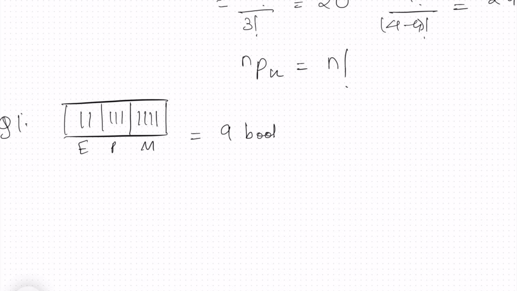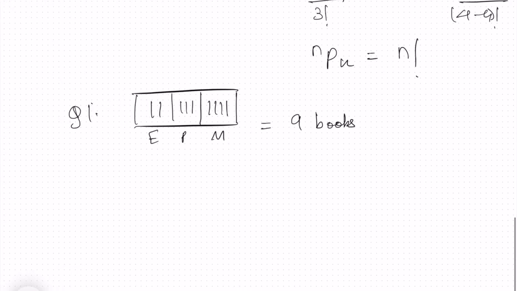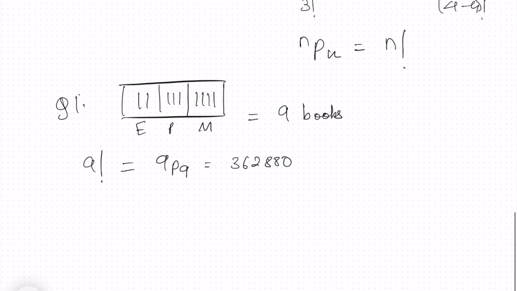This is 9 books, and if we have to arrange 9 books in 9 places, the total number of ways to do that is 9 factorial, or 9P9. So that is equal to 5040 into 8 into 9, or 362880.